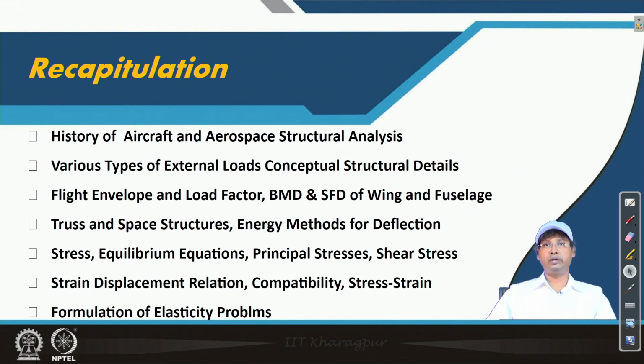We also learned, with a typical example, the shear force and bending moment diagram of the whole aircraft, which we considered in two parts. One, the wing separately, and how the bending moment and shear force come on it using the unit load method, and then we saw it for the fuselage also.